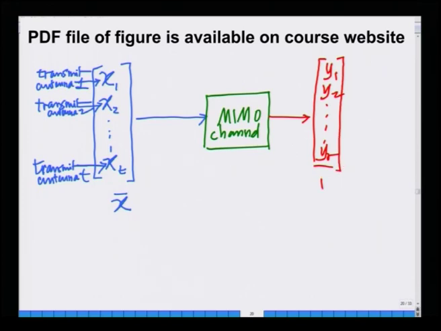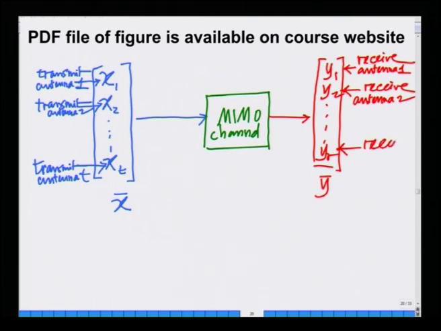I will denote the received symbols as y1, y2, so on up to yr, where this is the vector y bar, and y1 is received at receive antenna 1, y2 is received at receive antenna 2, yr is received at receive antenna r. Alright, so I am transmitting a T symbol vector across the T transmit antennas, it goes through the MIMO channel.